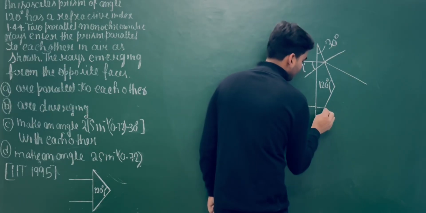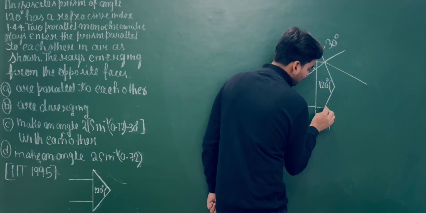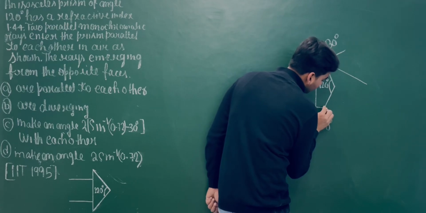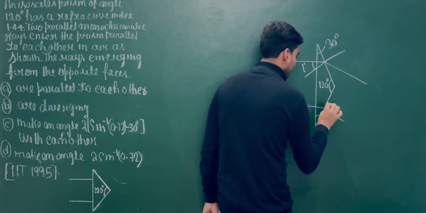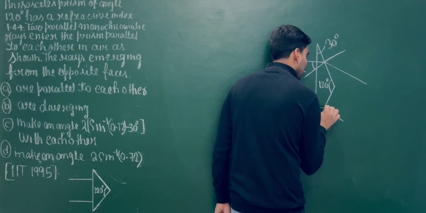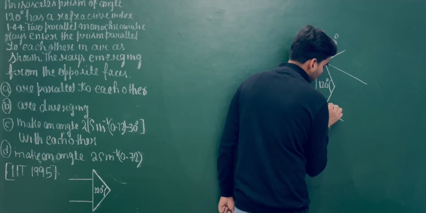Similarly, for this ray, suppose this is the normal for this surface, and it bends away from the normal and goes like that.